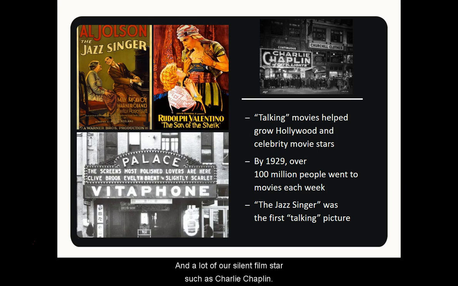A lot of our silent film stars, such as Charlie Chaplin, make the conversion over to talkies and become hugely popular. By the end of the decade in 1929, over 100 million people go to the movies each week. And very much like radio, where people are really being brought together because you can hear the same radio show in Philadelphia as you do in Los Angeles, or listen to the same sporting event in New York as you can in Atlanta, it's the same thing with movies.